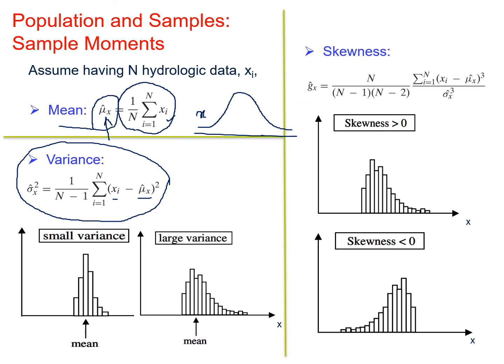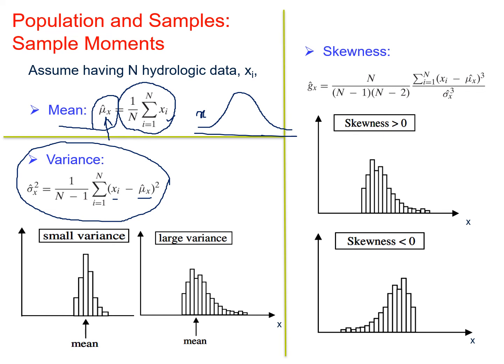Similarly, we can calculate the skewness. So what is the purpose? We have 70 or 100 years of data, which can be streamflow or rainfall data, and using that data we calculate the mean of the sample, and similarly the variance and skewness of those random variables.